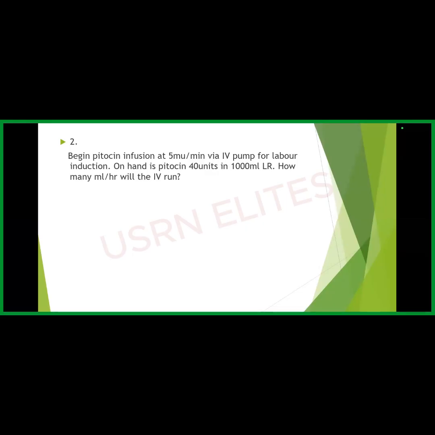So we all didn't get it. Let us see how we go about it. So the first thing is inspection. You have milliunits per minute here, right? So begin infusion at 5 milliunits per minute via IV pump for labor induction.